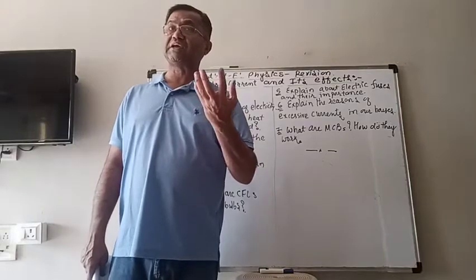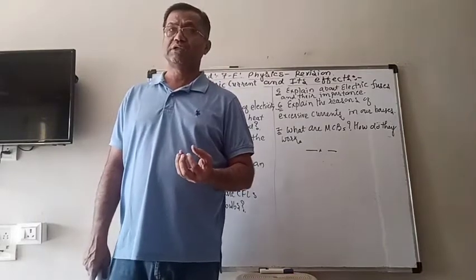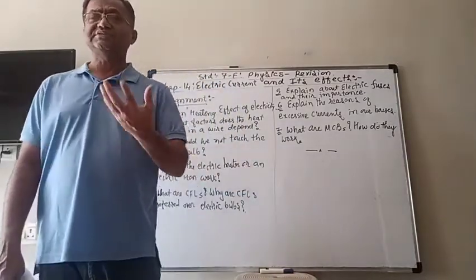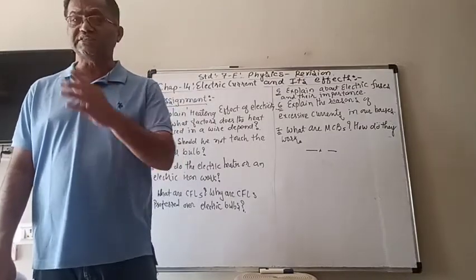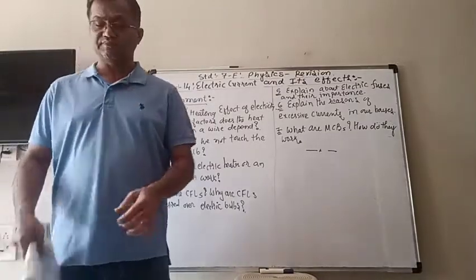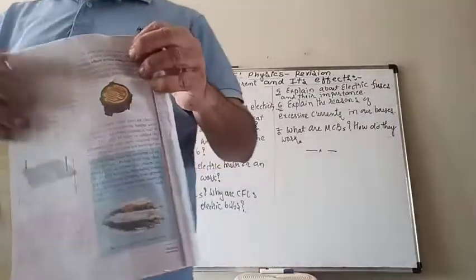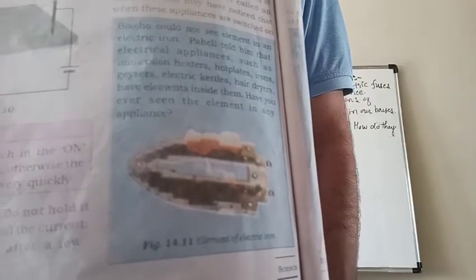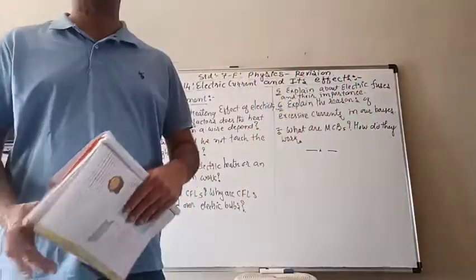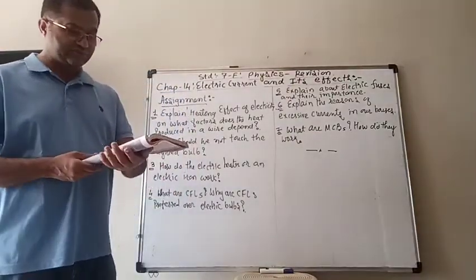It means that they are getting hot. Similarly, some electric stoves are also such that we can see the coil inside, as shown in the figure here. Here it is the element that is used in the electric iron that you cannot see. We cannot see it, but there is such.